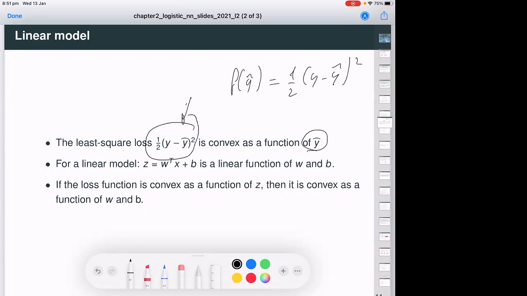as a function of y hat, because when we do the optimization problem, remember that y hat is in fact given by wx plus b.